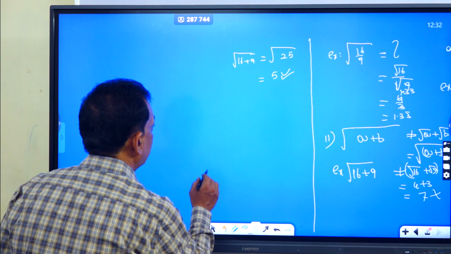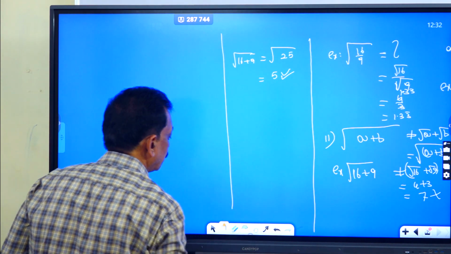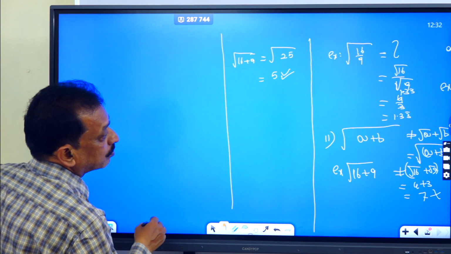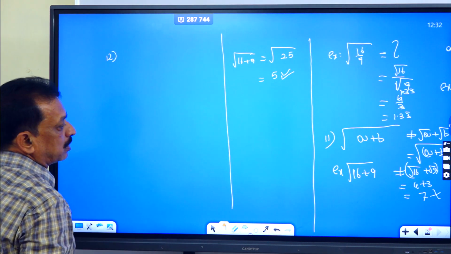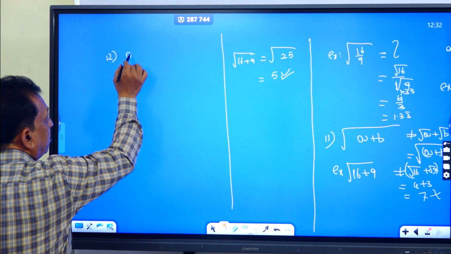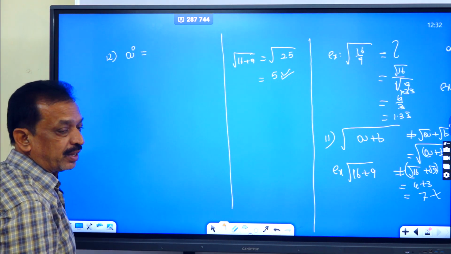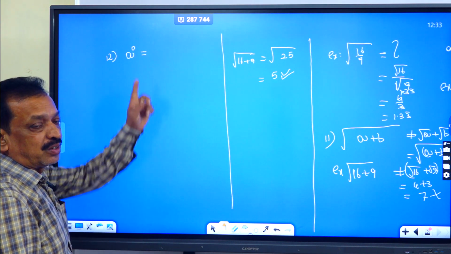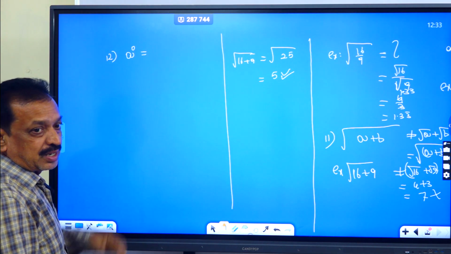Now coming to algebraic values. All of you know very well. Now in 12th concept, a to the power of 0 is equal to how much? So anything to the power of 0 is 1. It is not a. Understanding?